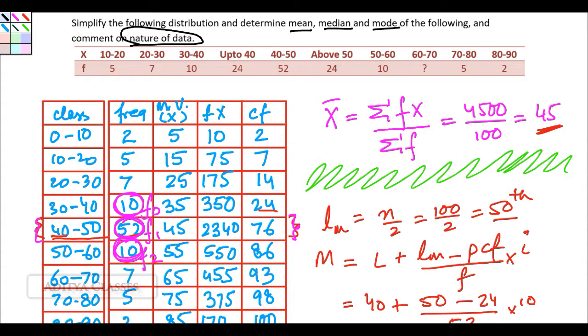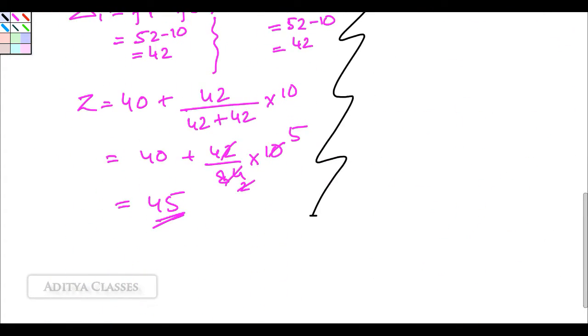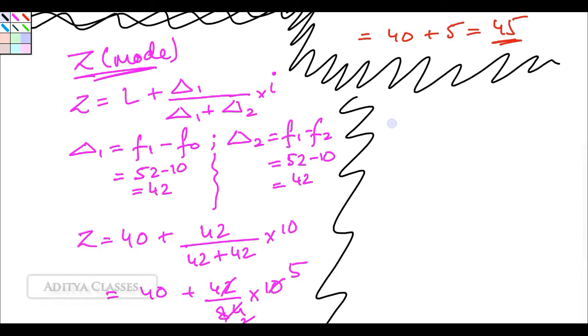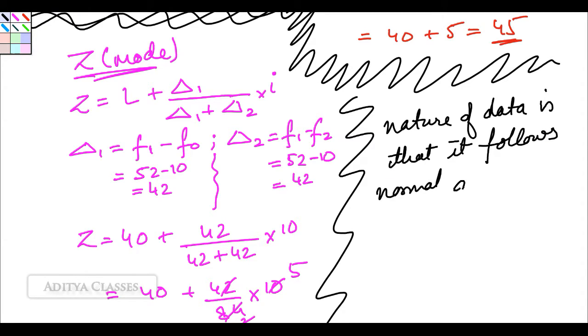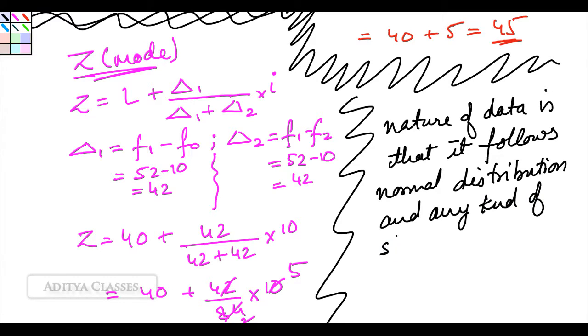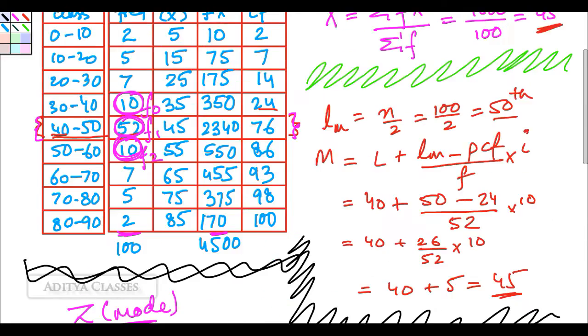This is an important thing. What is the nature of data? Now in this case we can say the nature of data is that it follows normal distribution and any kind of skewness is absent. This will be our comment on the data.